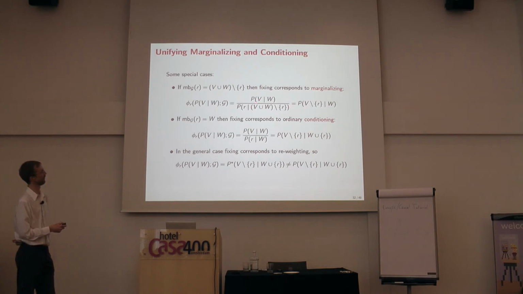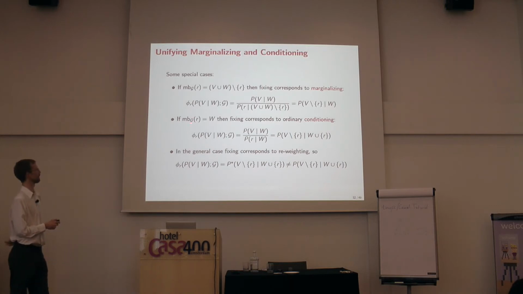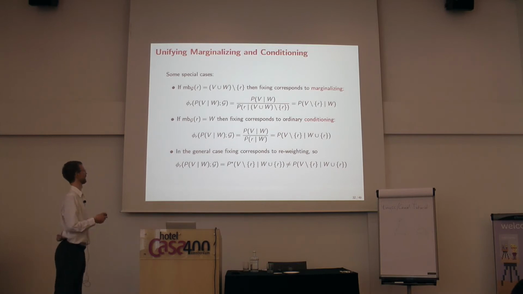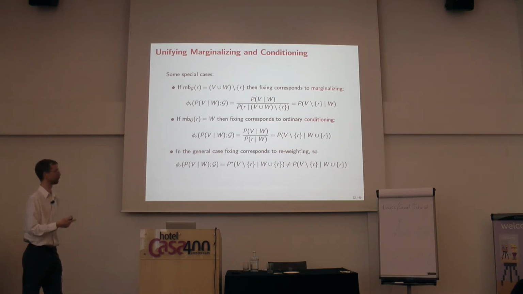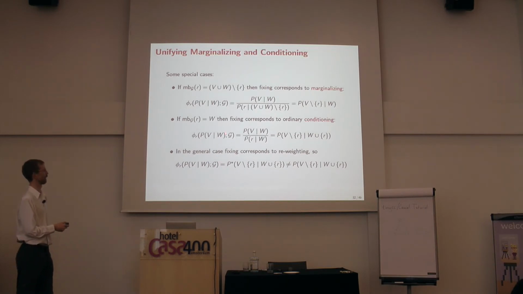I'm just taking this, dividing by this, and getting the resulting margin. In the other extreme, if this set is just W, then the resulting distribution is just like the distribution you get by ordinary conditioning on R, starting from the distribution of V and W. If you compute it, the distribution of V minus R conditional on W union R, you get that out.